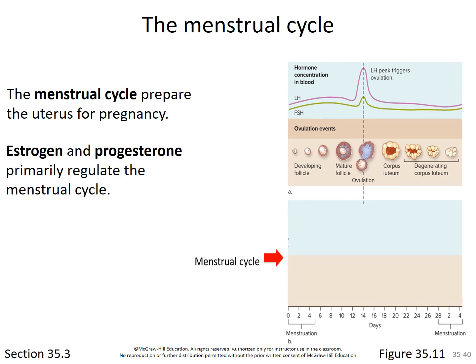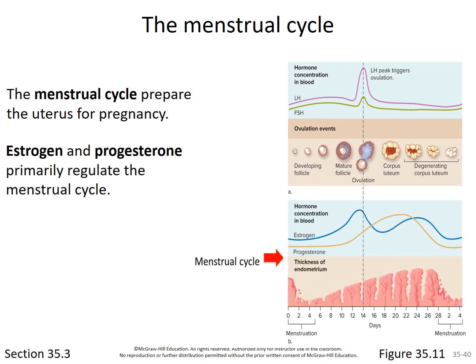So the menstrual cycle is what helps prepare the uterus for pregnancy. And it's estrogen and progesterone which primarily regulate this menstrual cycle. Now, again, they do also regulate ovulation, as I just told you before.